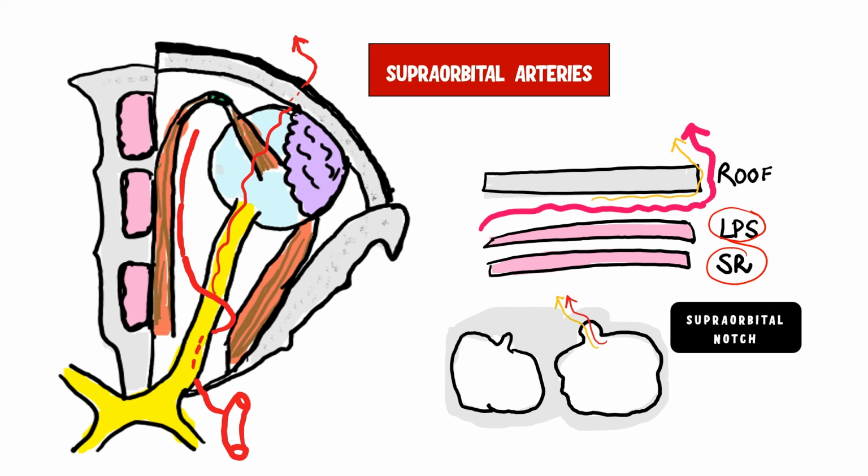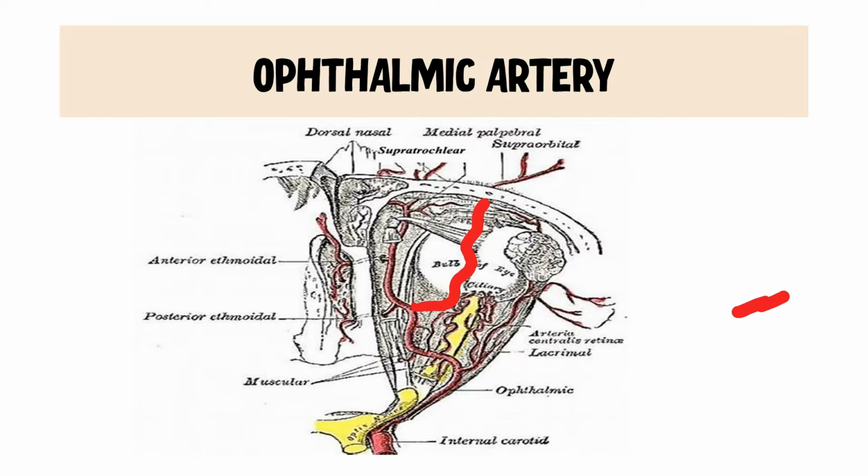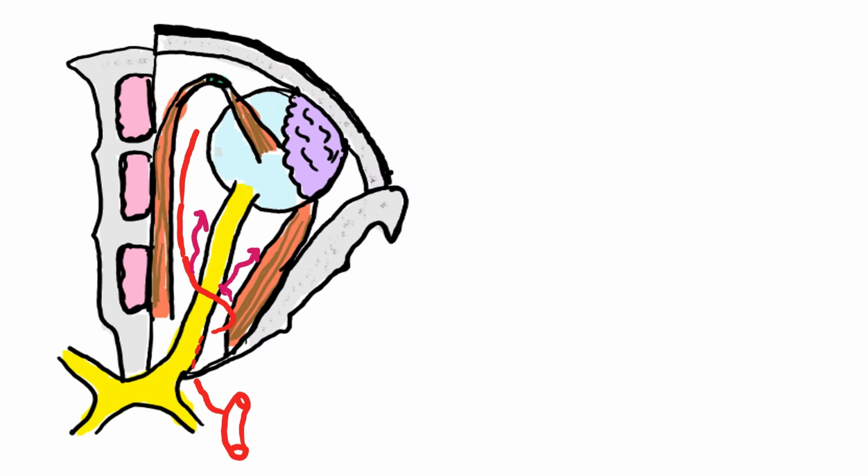The supraorbital artery is usually accompanied by the supraorbital nerve, and it travels above these major muscles present in the superior aspect, the superior rectus and the levator palpebrae superioris. It travels just below the orbital roof, and then it comes out through a notch present in the superior orbital rim, and that notch is the supraorbital notch. So this artery that you can see here, coming out of the supraorbital notch, is the supraorbital branch of the ophthalmic artery.